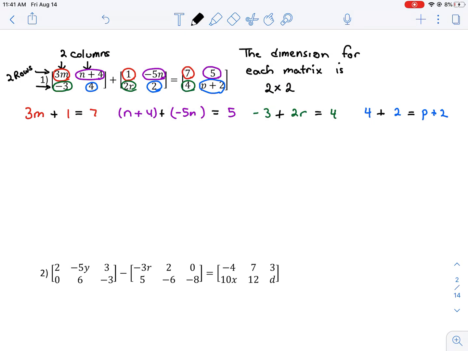Okay, so now that all of the equations are set up, I'm going to go ahead and solve each one of these.